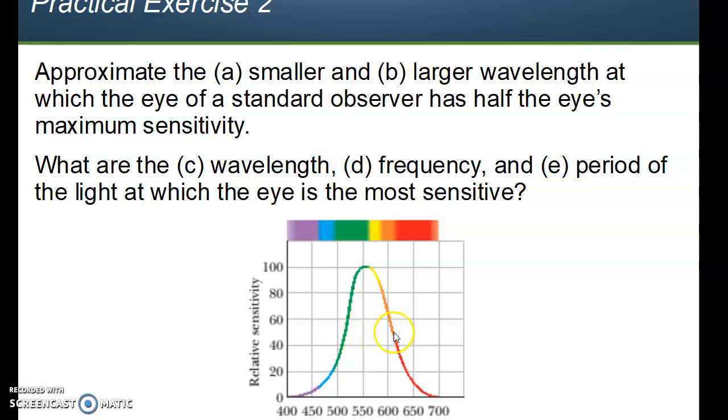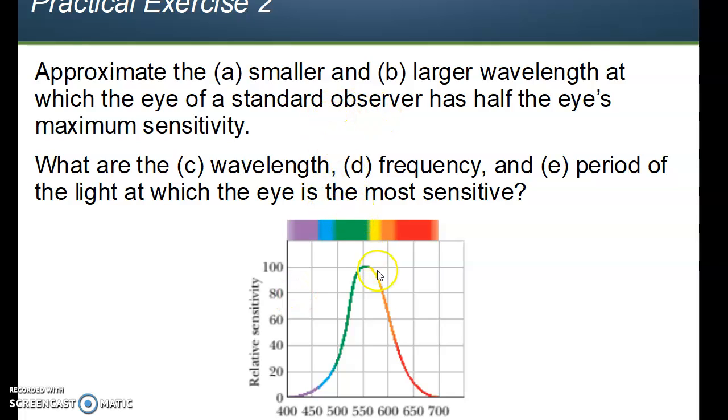Going to the larger one over here, I had that at about 610. Then when I went to the maximum, it's just a little bit above 550, and so I gave that about a 555 value for the wavelength. All of these wavelengths are in nanometers. So that's the larger and the smaller.